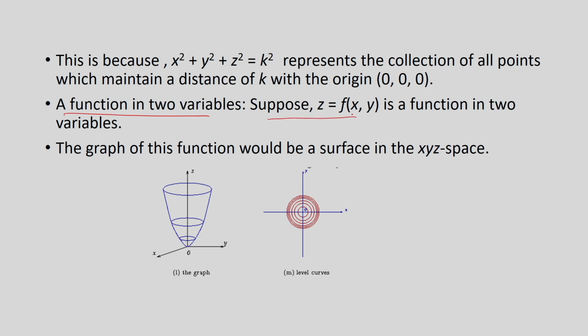So, you have a function z, which is a function of two variables, f of x y, and the graph of the function would be a surface in the x y z space. Suppose you talk about this particular graph, which is represented on the left hand side.